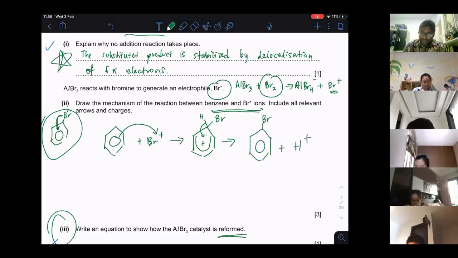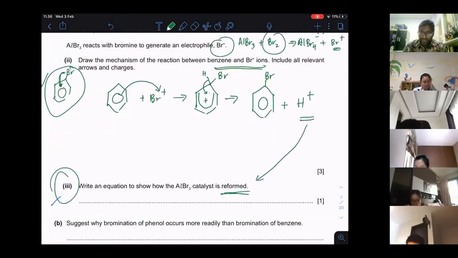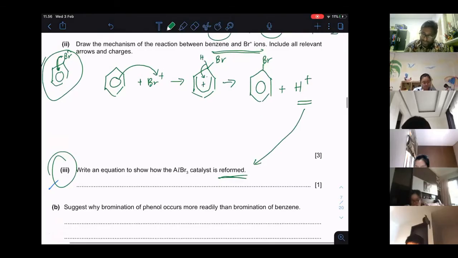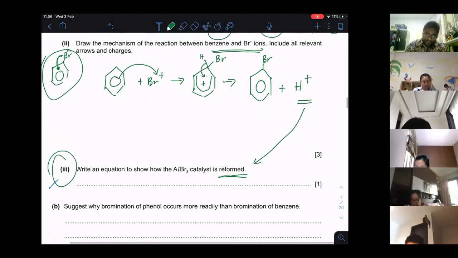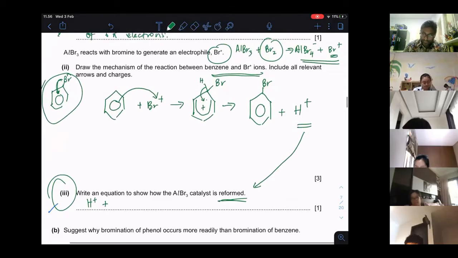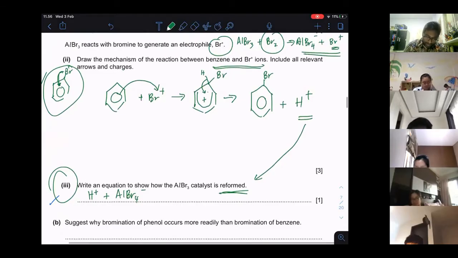This H plus is the one that reacts with AlBr4 minus, and you get AlBr3 plus HBr. So the catalyst is being reformed.